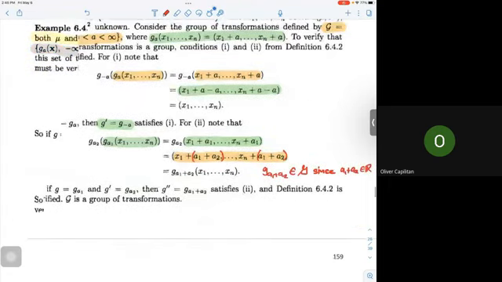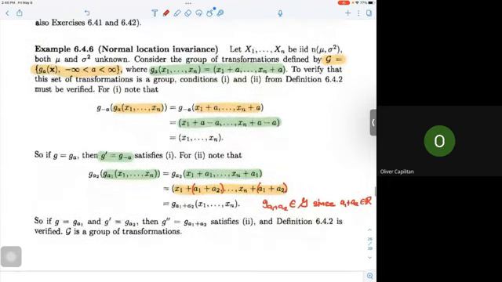Yung value niya is between negative infinity and positive infinity. Tama po ba? Because of this condition, palitan natin yung a ng a1 plus a2. That is still a real number. If a sub 1 is a real number, if a sub 2 is also a real number, then the sum is also a real number. And that is why g of a sub 1 plus a sub 2 is an element of script G.